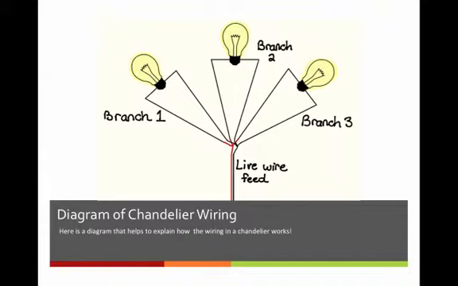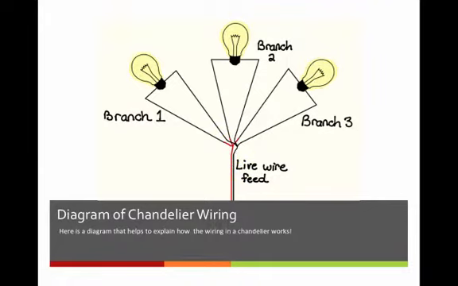One of the things that I want to bring your attention to here, right in the center of the screen, is this red branch, and that is the hot wire, the live wire. And what you'll notice is that it simultaneously feeds all 3 branches of this model chandelier.